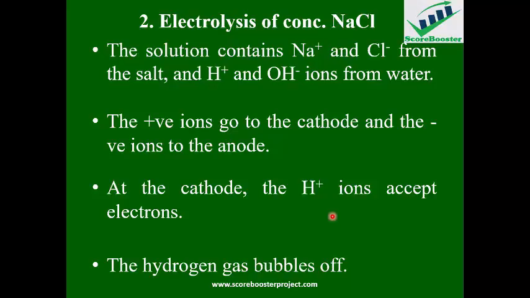Then all those positive ions go to the cathode and negative ions go to the anode. At the cathode, hydrogen ions are discharged because of their relative position on the electrochemical series.